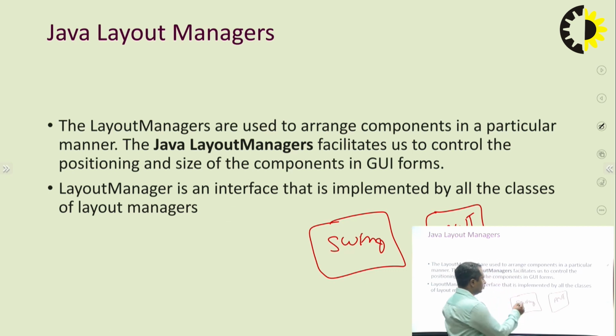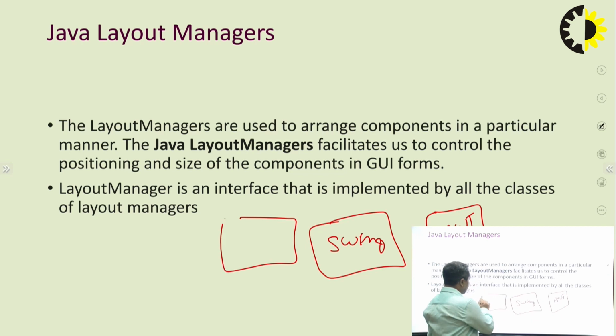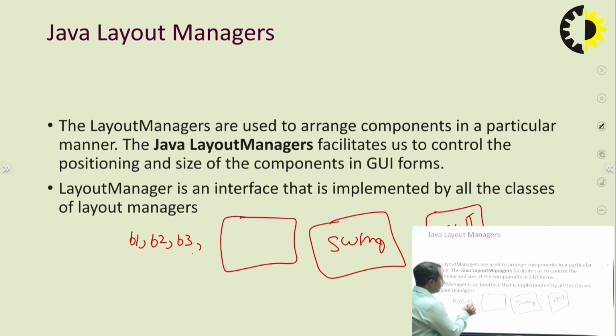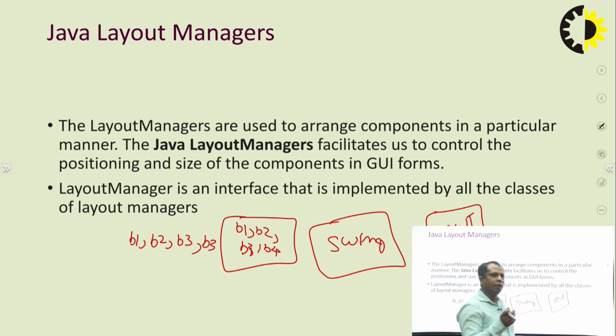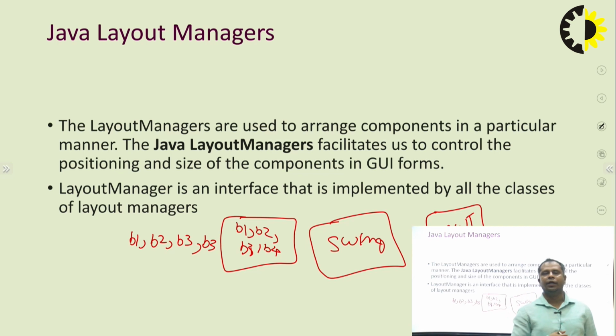If you want to create buttons, like B1, B2, B3, and apply them in Swing, how will we show these buttons in these components? That's why we will discuss Java Layout Managers.